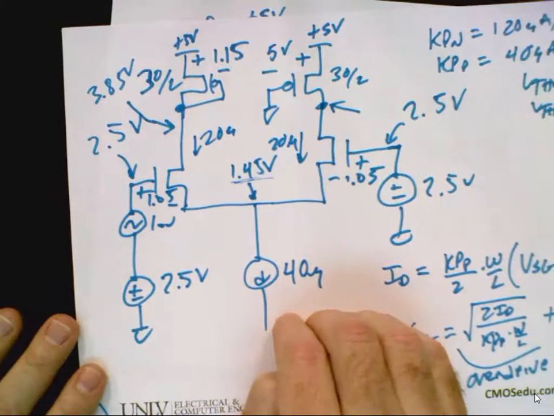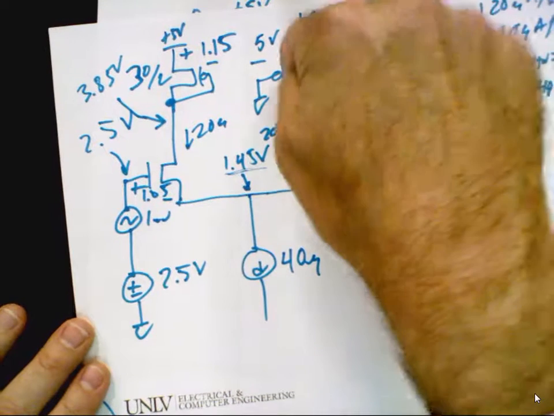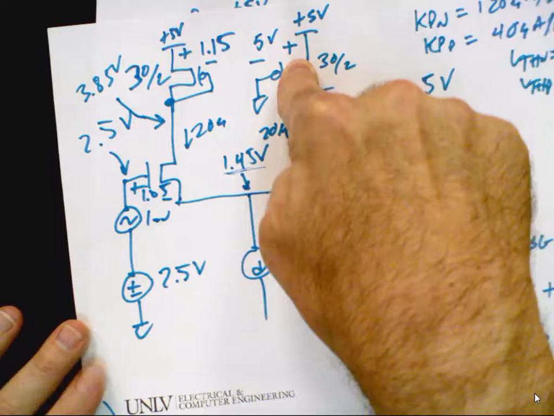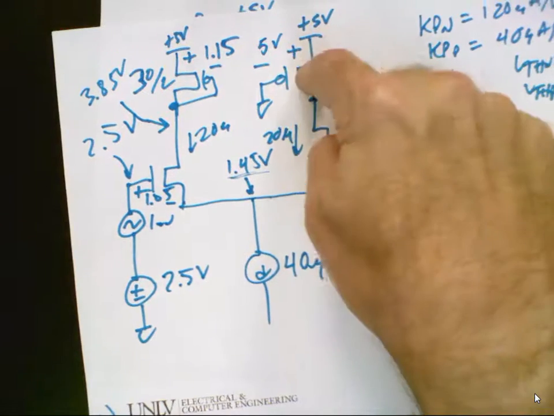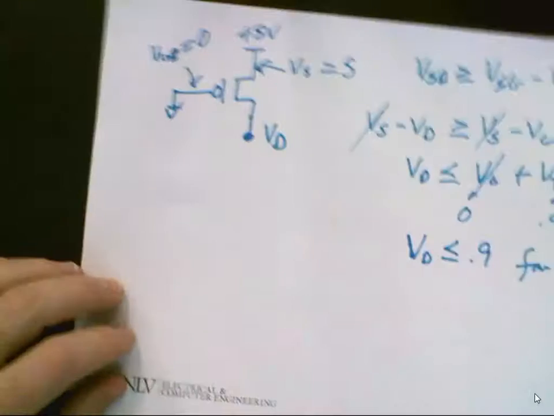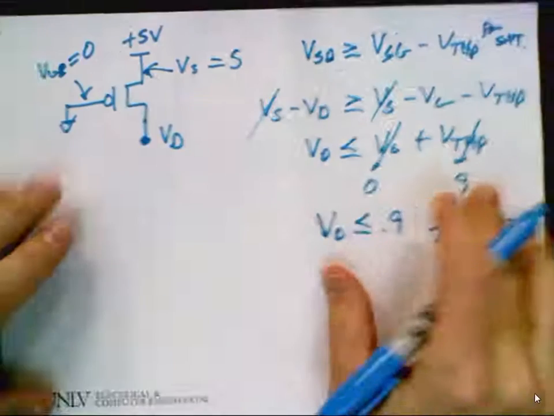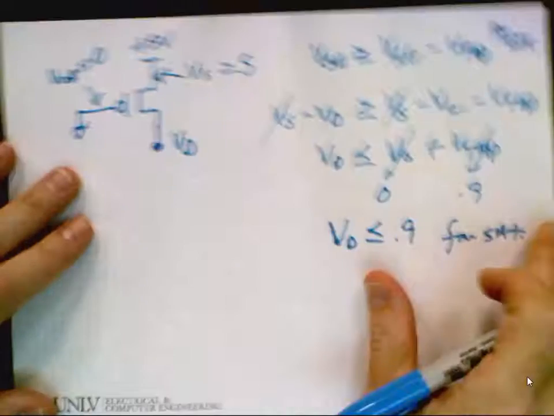Yay or nay? All right, so to be fast, I'm going to treat this as though it's deep in triode, and I'm going to explain what that means because it'll simplify my calculation, and then we'll compare it to what the book has using the full analysis.